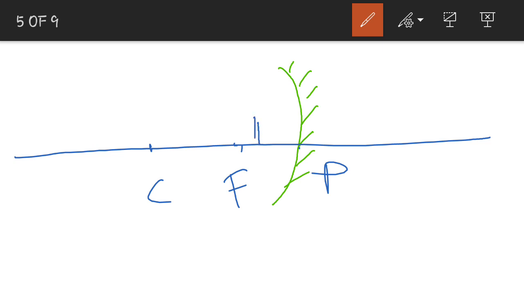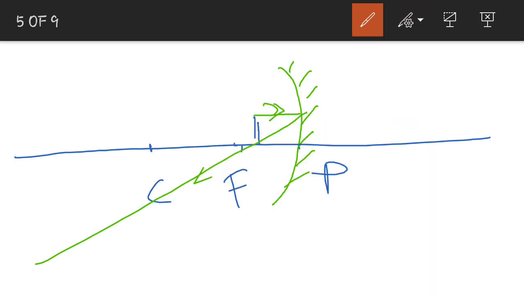If we have kept an object here between pole and focus, then the ray parallel to the principal axis passes through the focus. This is our rule 1. Parallel to the principal axis passes through the focus.